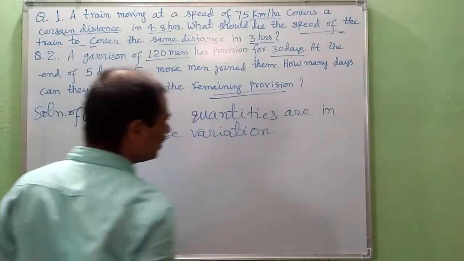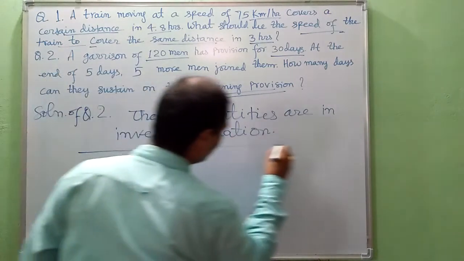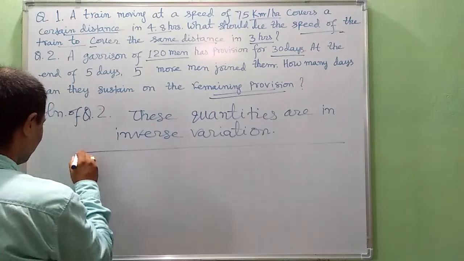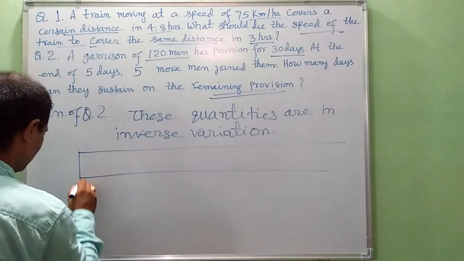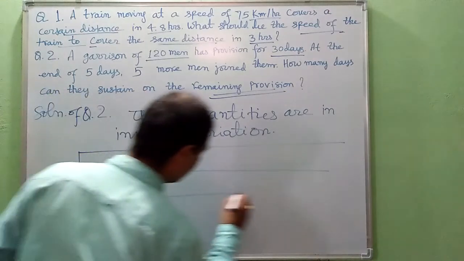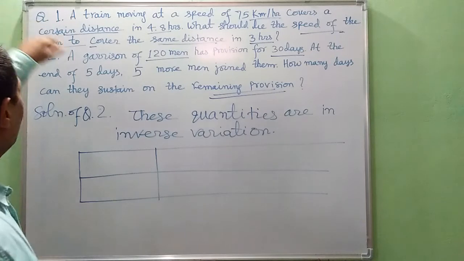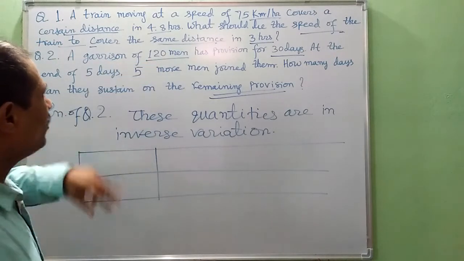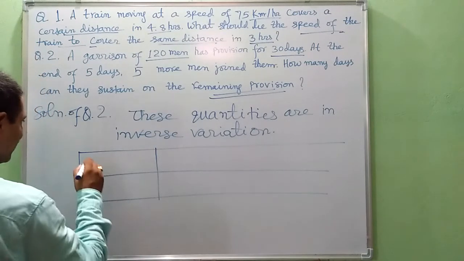So we have to follow the rule of inverse variation. We have to do like this. First of all, we have to write number of men and number of days.